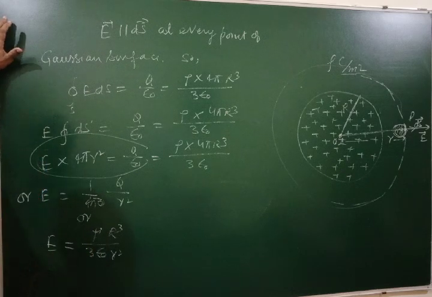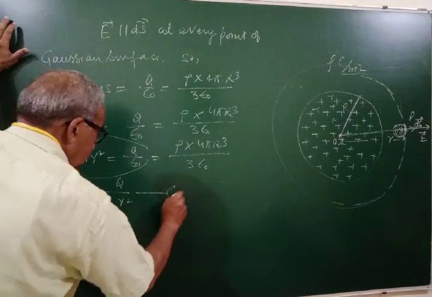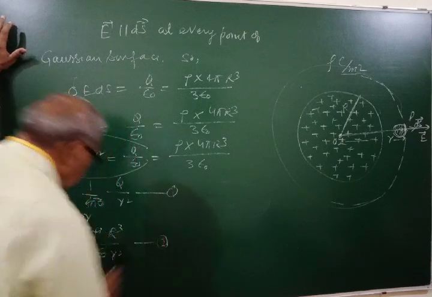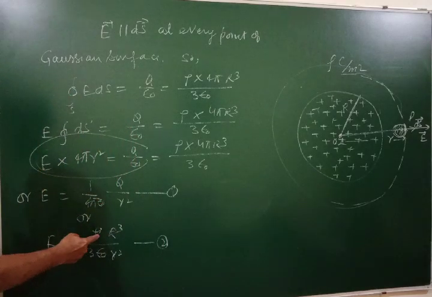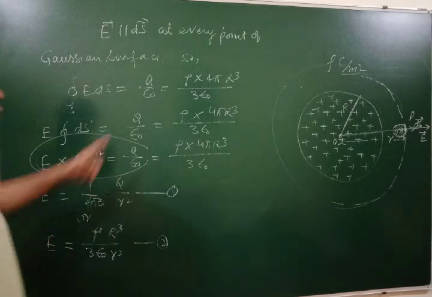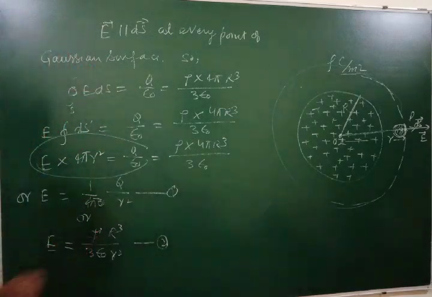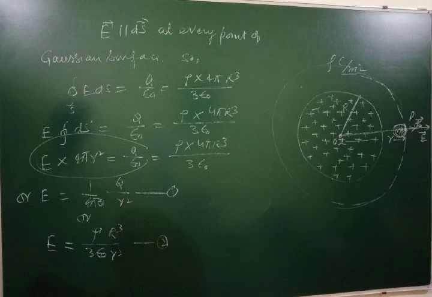Rho is the charge density. This equation and this are the same, but if we put the value of rho in terms of charge, we get this.